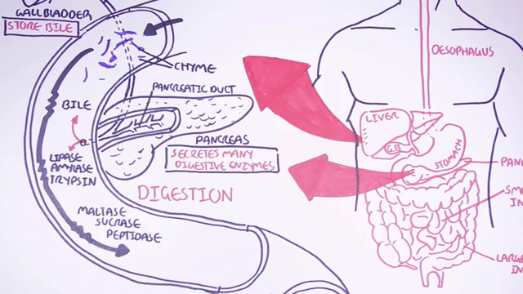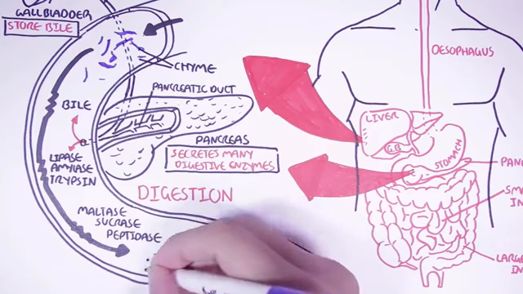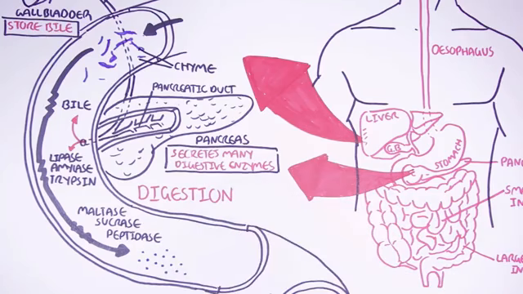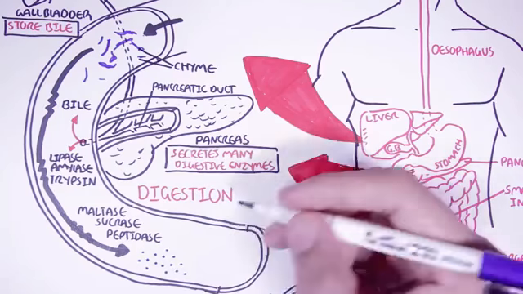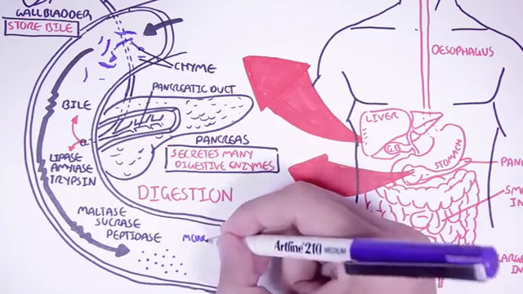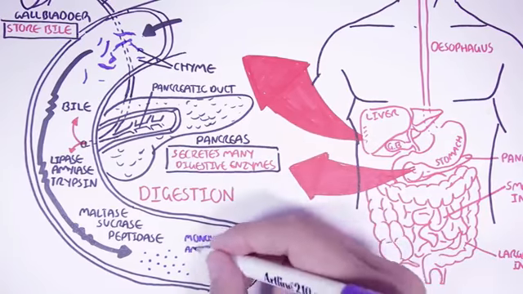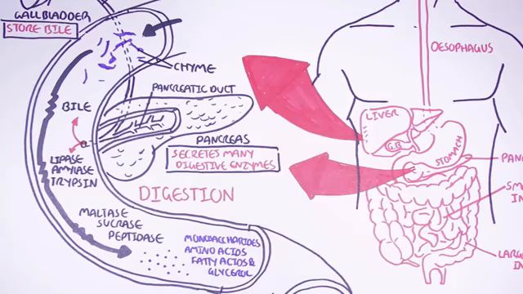The chyme will encounter all these enzymes and chemicals which will further digest it into smaller molecules. These smaller molecules are the monosaccharides, amino acids, fatty acids, and glycerol, which are the building blocks of carbohydrates, proteins, and fats.